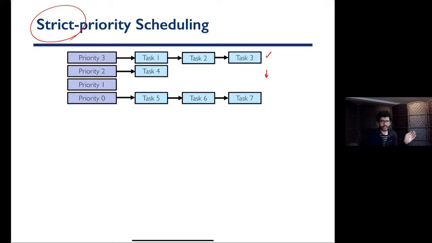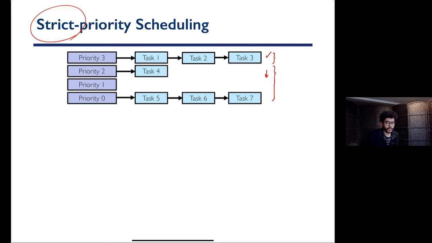As we will see, you could drop this strictness and start executing some of these, even if you have high priority tasks. But with the strict priority, basically the functionality of it is as if you have these separate queues, and then you're putting tasks with different priorities on different queues, and choose between them.